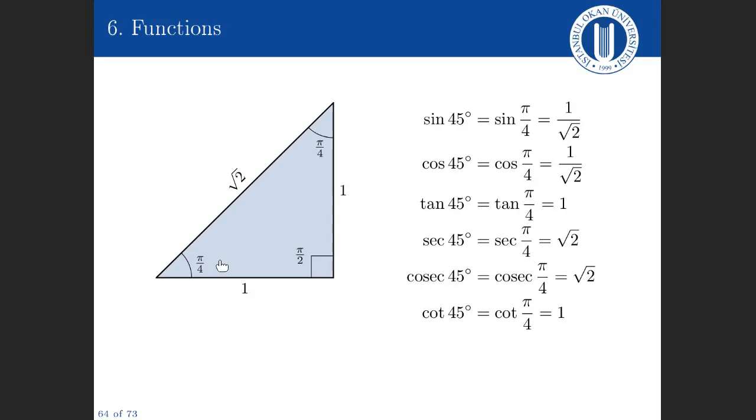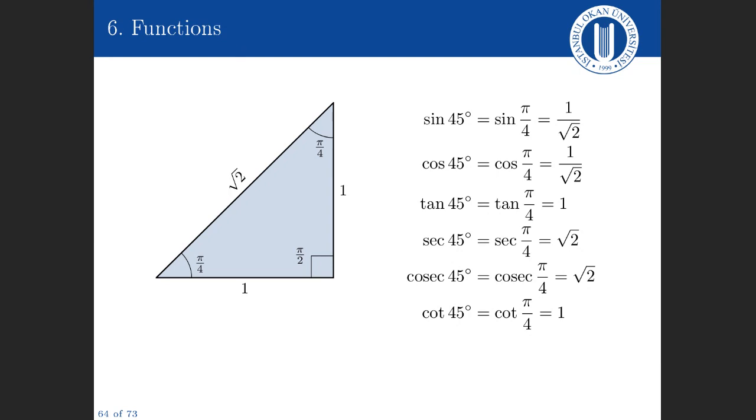We calculate sine, cos, tan, sec, cosec, and cotan of 45 degrees, or of pi over 4, using this triangle. Base 1, height 1, 90 degrees, or pi over 2 angle just here. By Pythagoras, the other side must be the square root of 2.